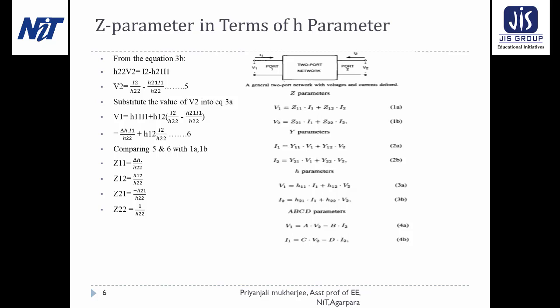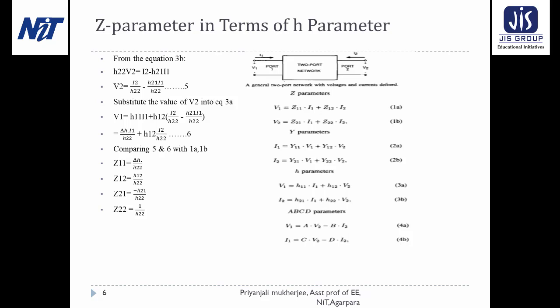So it becomes Z11 equal to delta H by H22, where delta H is H11 into H22 minus H12 into H21.